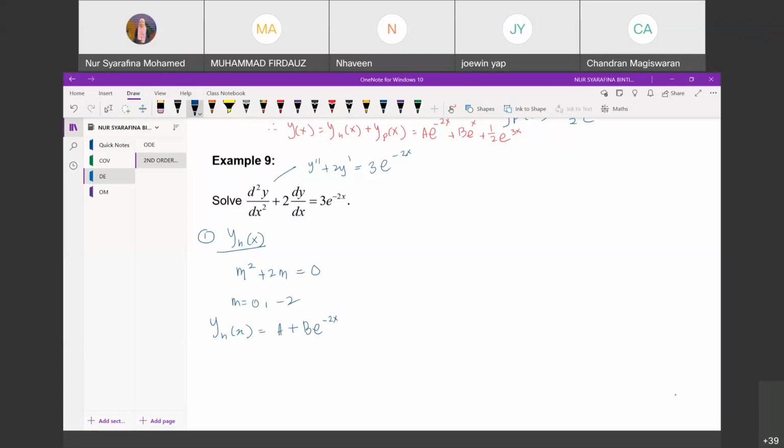Next, what is your YP? Looking at the right-hand side function, your fx is 3 e to the power of minus 2x. Now your YP should be x to the power of r times d e to the power of minus 2x. Let's check.